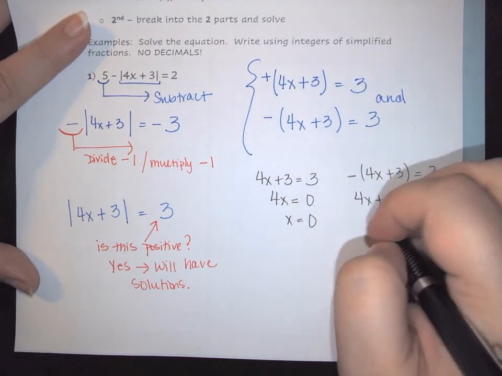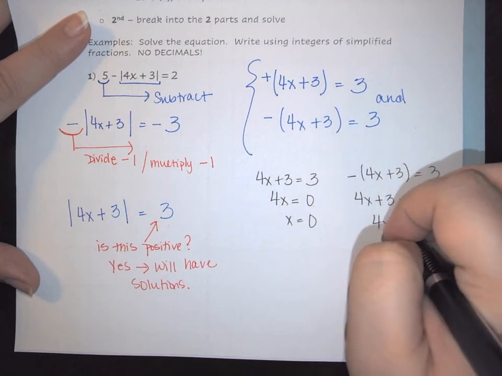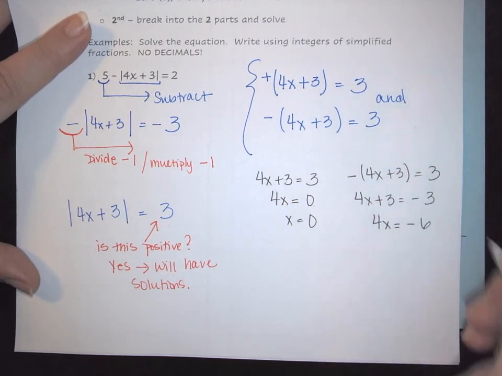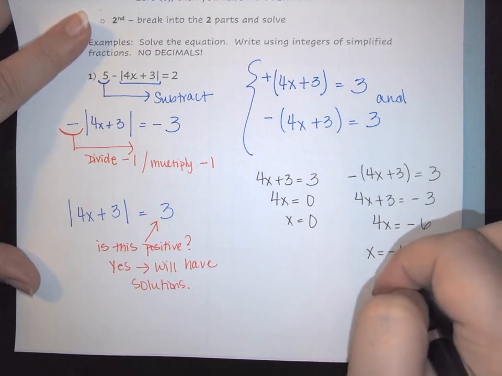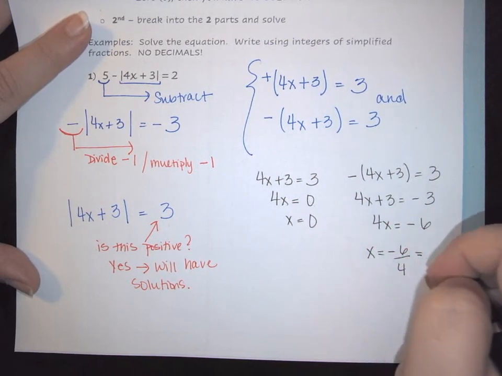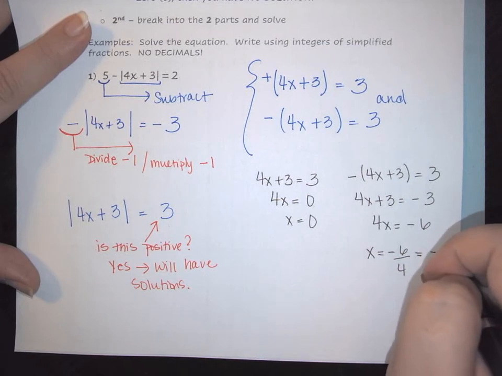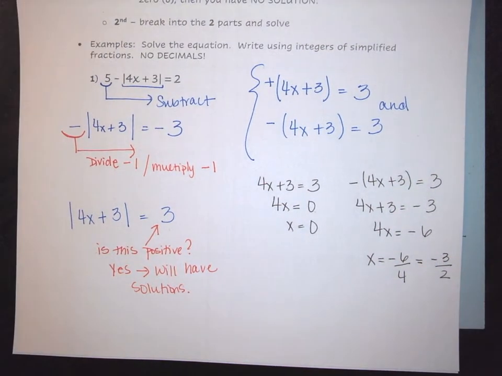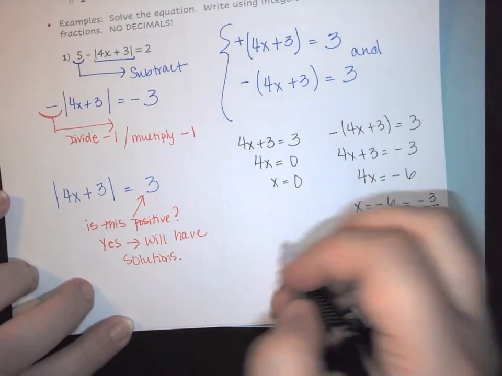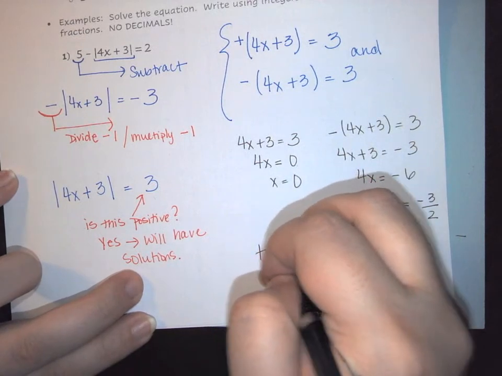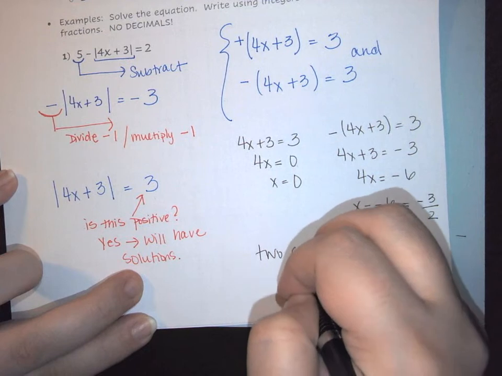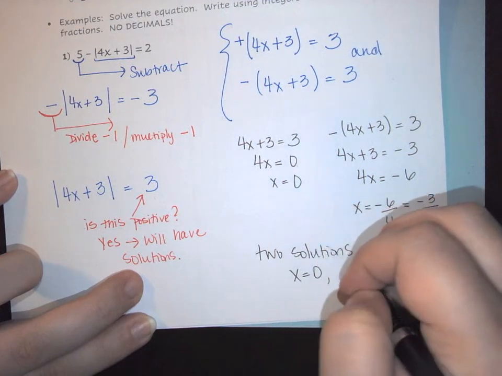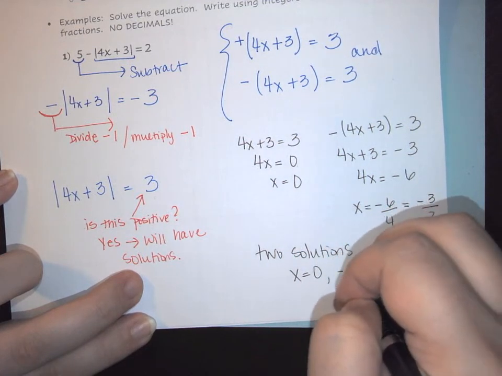I'm going to move things over, so I get that 4x is equal to -6. So x is equal to -6 over 4, which reduces down to -3 over 2. So in this case, we have two solutions. We have that x is equal to 0 and -3 halves.